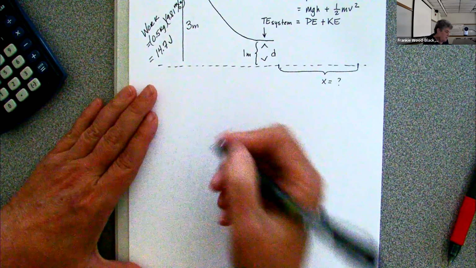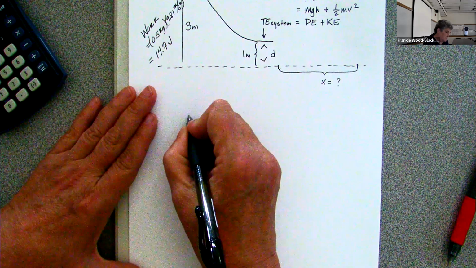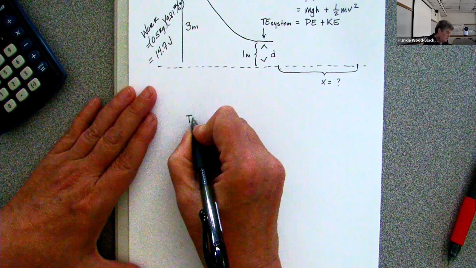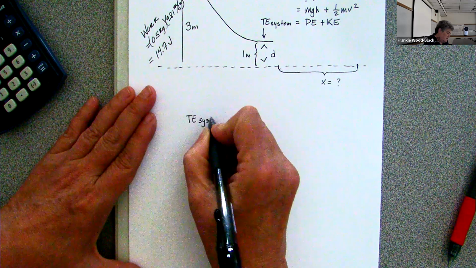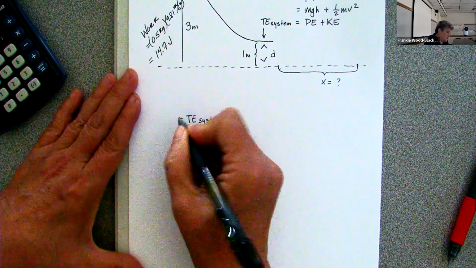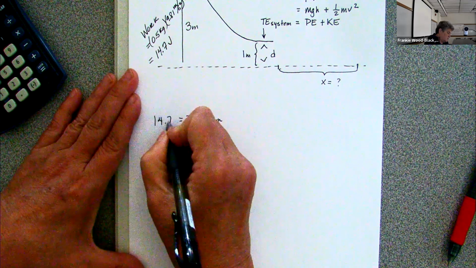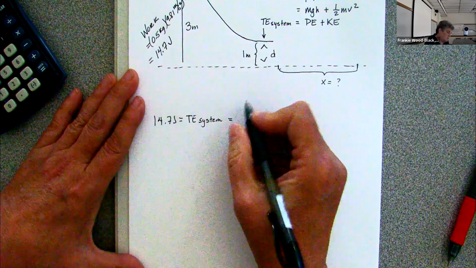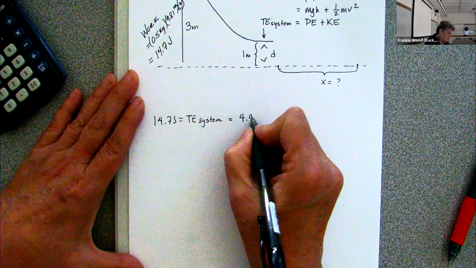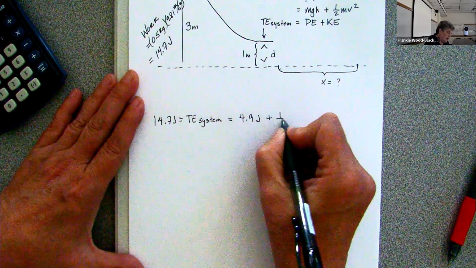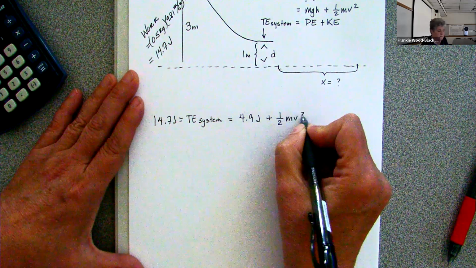So now I've got the total energy of the system. My potential energy at the top, which was 14.7 joules, is now equal to 4.9 joules plus 1/2 mv squared.